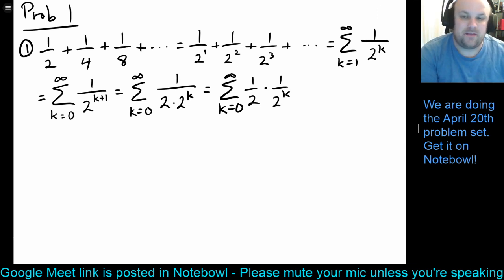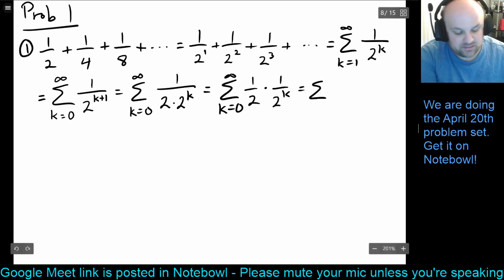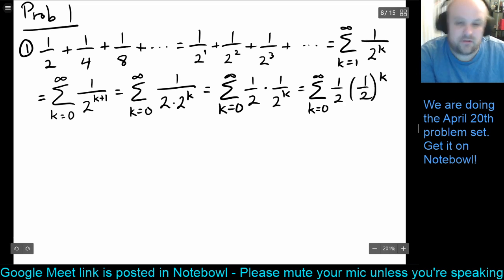Right? And remember, 1 to the k, these are the same thing. Raise 1 to whatever power you want, you're going to get 1. So, sum from k equals 0 to infinity, 1/2, this is really 1/2 to the k right here.